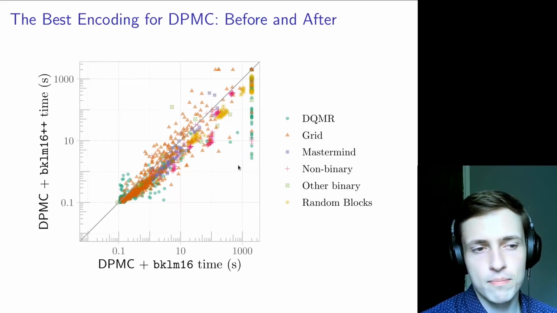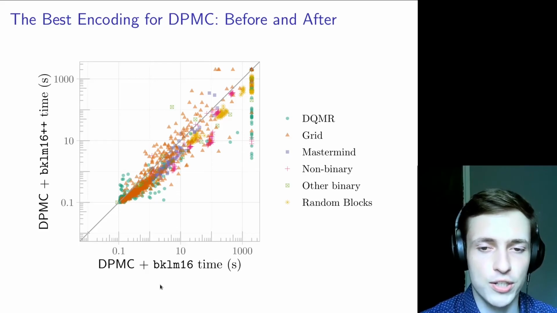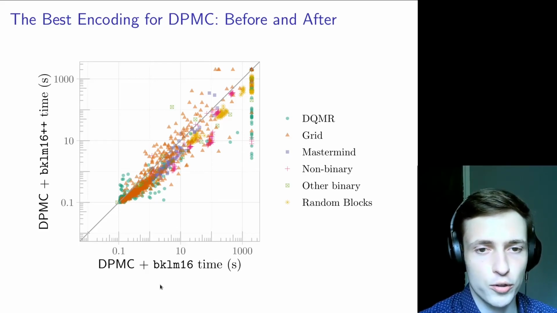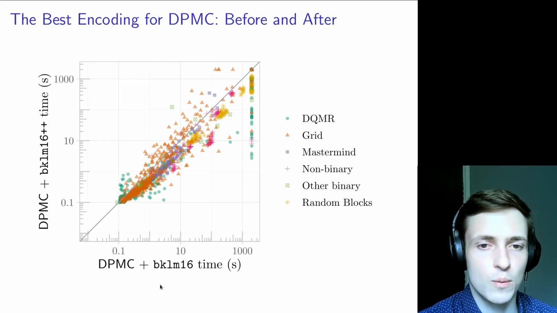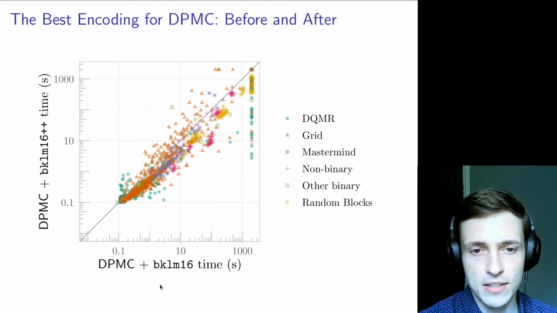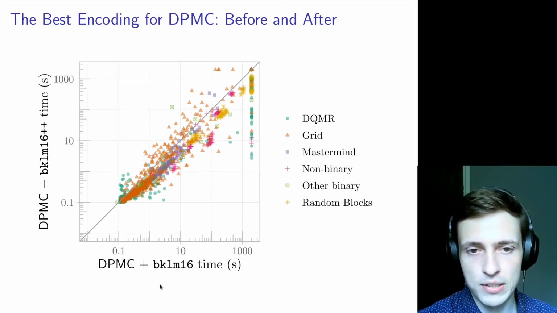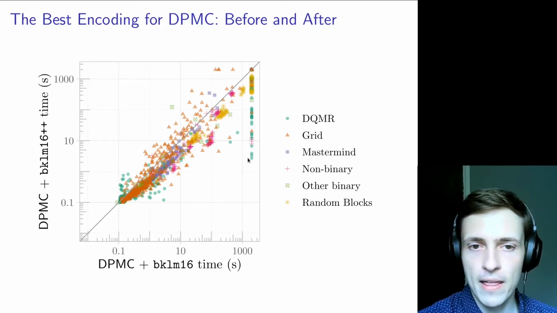The comparison between DPMC with this best performing encoding with and without our transformation is a bit more noisy, but we're still able to solve many instances that were previously beyond reach.